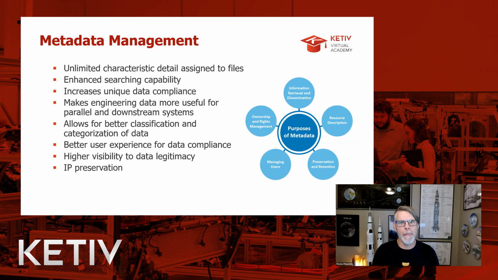So the more metadata that you can apply to your files, the better off you're going to be. Inside of Inventor, inside of Vault, you can put as much information in your files as you want, in terms of being able to identify these files from their characteristics. It enhances your searching capability, to be able to find what you need when you need it, with the assurance that it's going to be accurate.